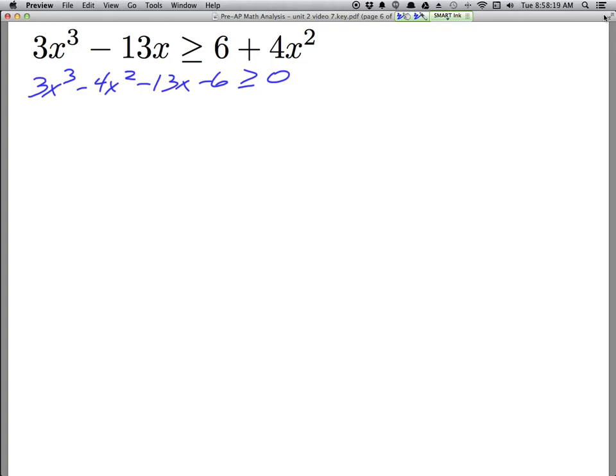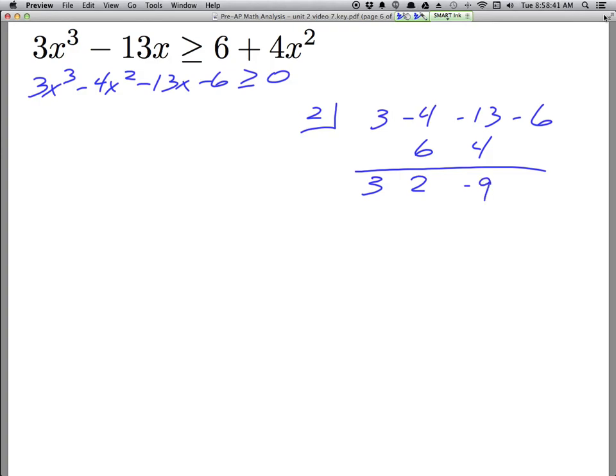Alright, do synthetic division to help you find a factor. Alright, so what do we want to go with? 2? 3, 6, 2, 4, -9, -18.